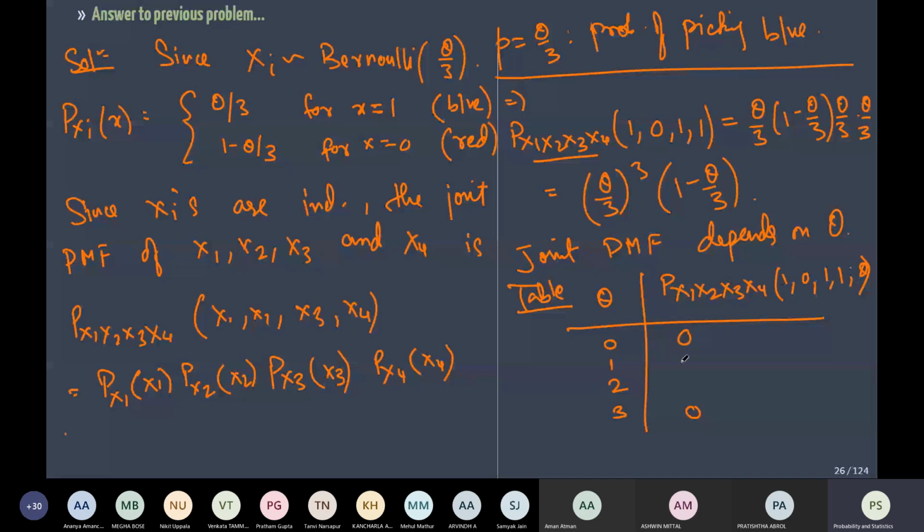I have pre-computed some values here. You can check this on your own by putting theta equal to 1, you get this value, and theta equal to 2, you will get this value. Indeed the probability for theta equal to 0 is 0, and for theta equal to 3 is 0.